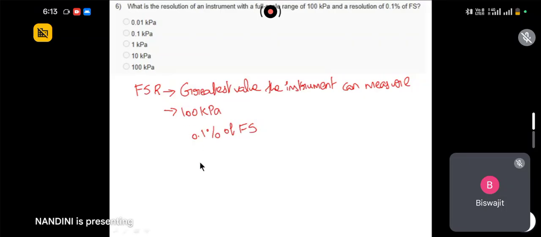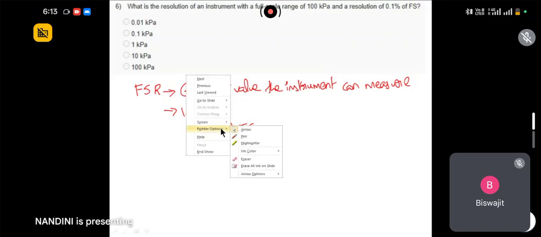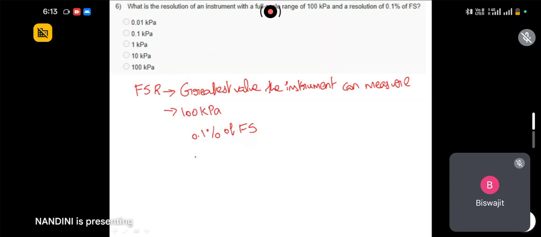If you need to find the resolution, it will be 100 into 0.1 by 100, so it will be 0.1 kilopascal. The smallest change that the instrument can detect is 0.1 kilopascal. Correct?